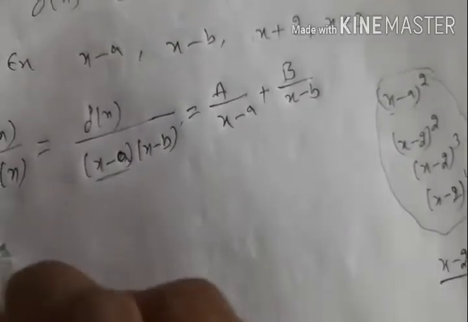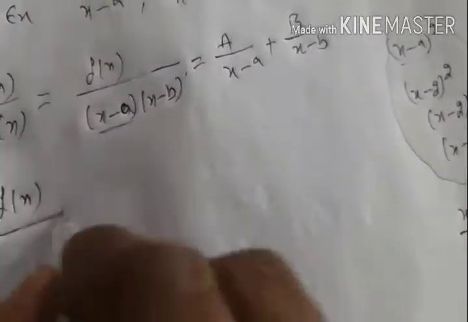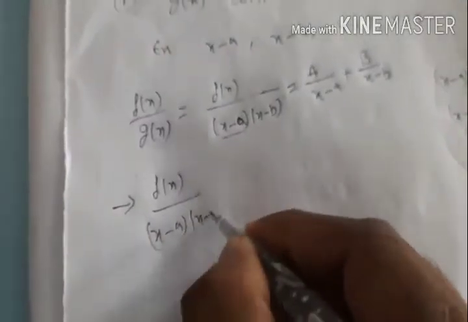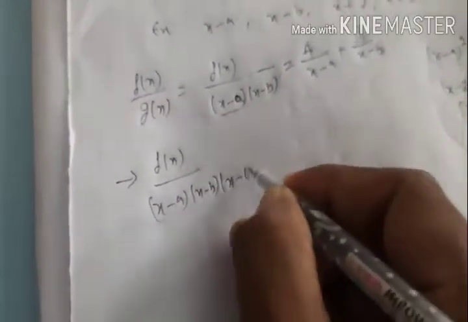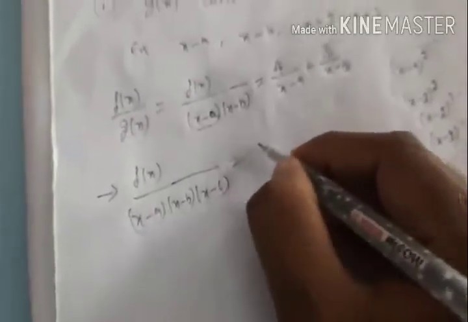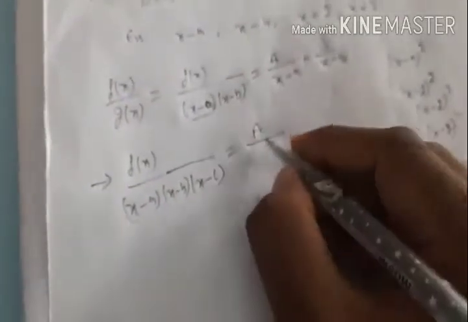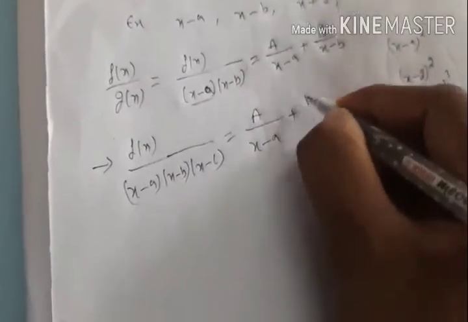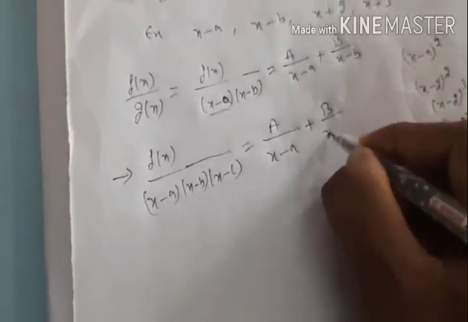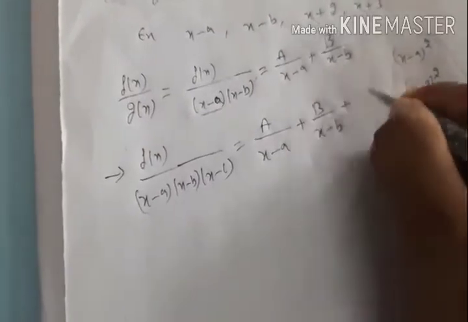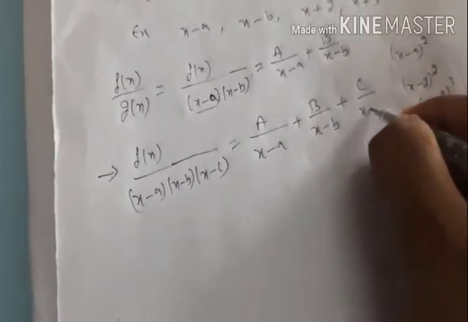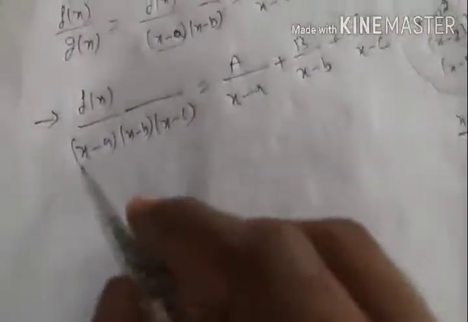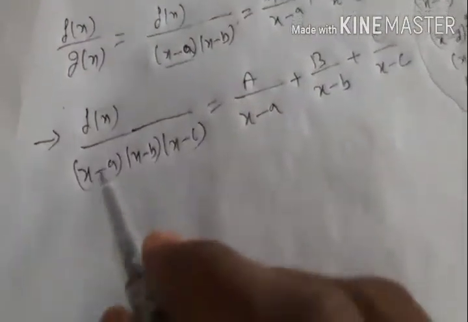If the given problem is f of x by (x minus a)(x minus b)(x minus c), then as the first step you take a constant A by the first linear factor, plus B by the second factor, plus C by the third one, x minus c. In this case we have discussed only g of x with non-repeated linear factors.